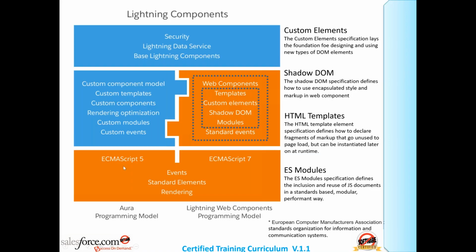Any type of web application that you're using mostly falls under ECMA 5, hardly ECMA 6. Forget about ECMA 7. Lightning Web Component is, as of now, to the best of my knowledge, the only web control that falls under ECMA 7.